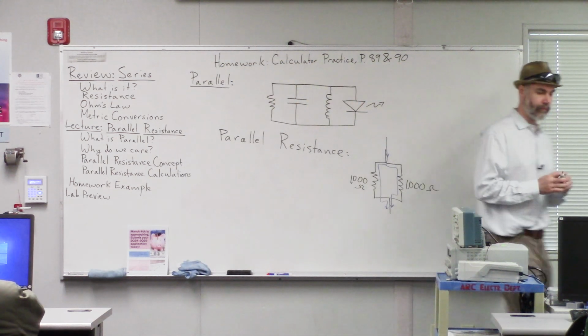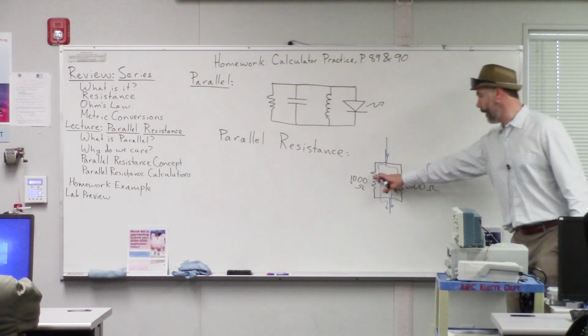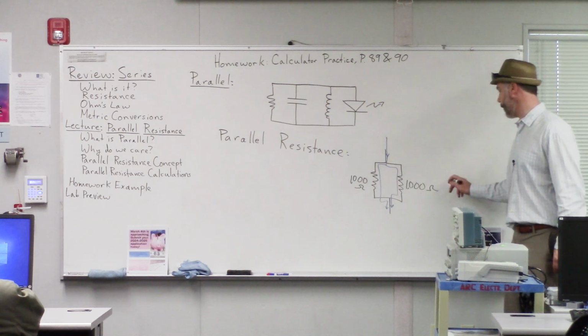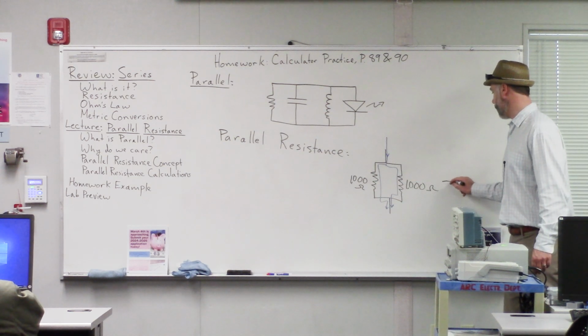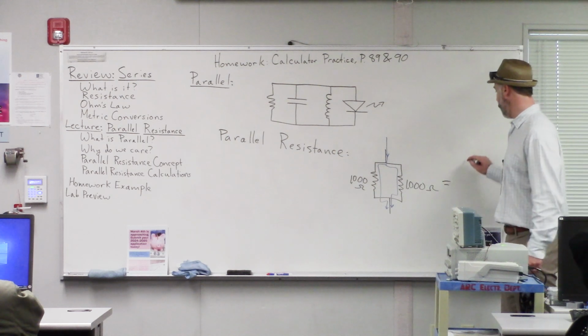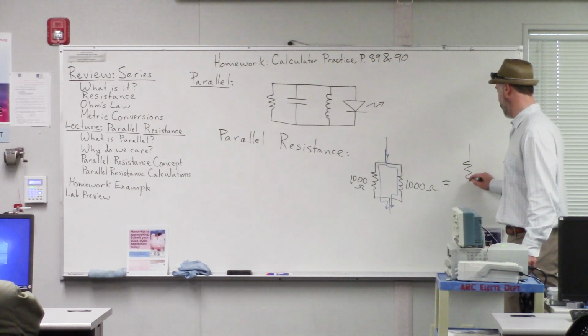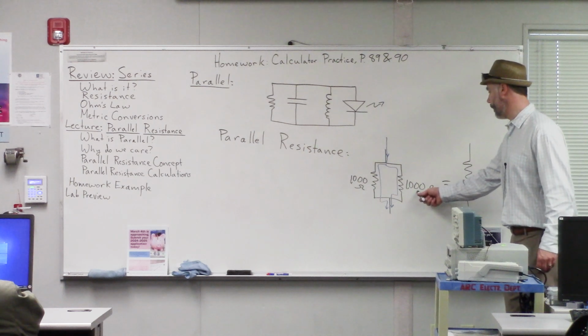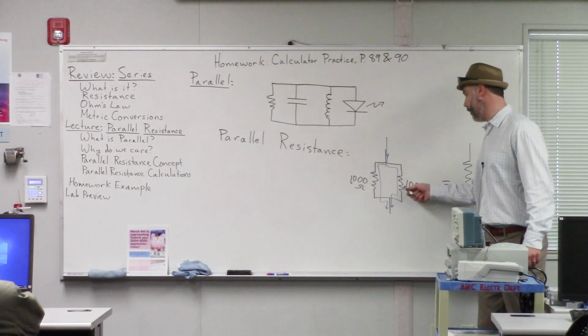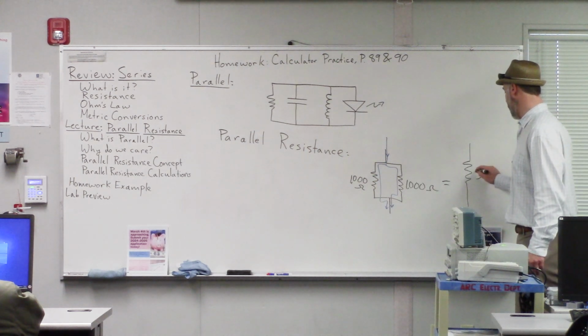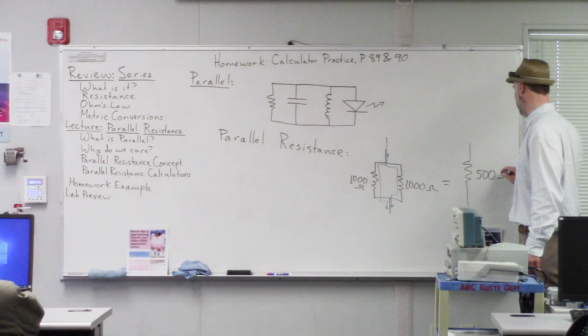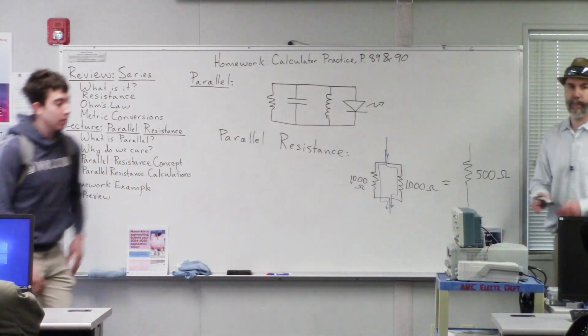So if we have 2 1,000 ohm resistors in parallel, we could say that the equivalent resistance is 1,000 divided by 2, or just 500 ohms. Okay?